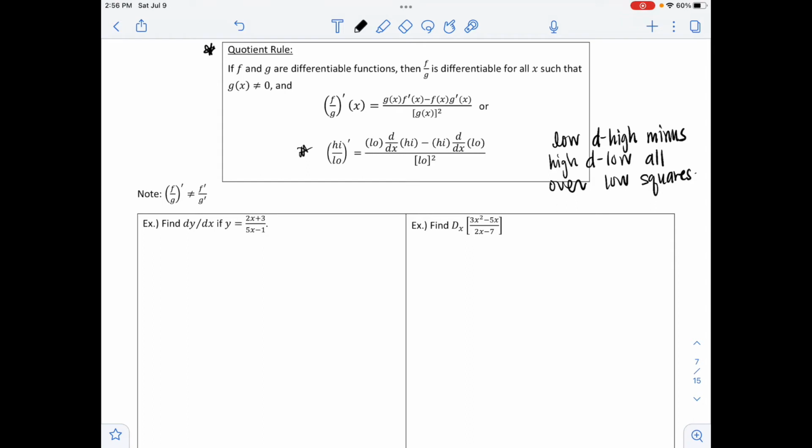So what this means is it's low, so we write the bottom function, times the derivative of the top, minus the top times the derivative of the bottom, all over, so that's all the numerator, all over the denominator squared. And so, again, there's a little note here, don't do this. This is incorrect.